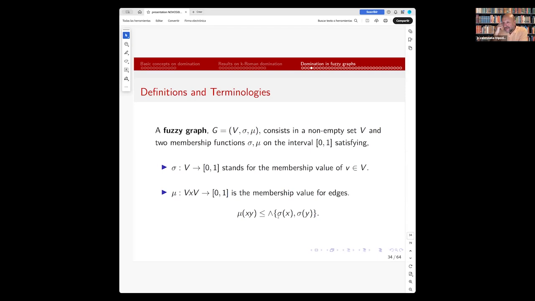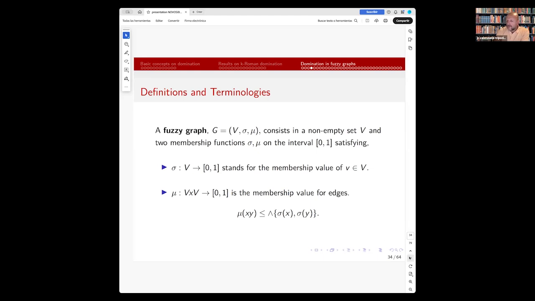In some sense we must understand that it's logical, because it has no sense that an edge exists in the graph if the end vertices do not. So if we think of the membership value of the edge as the probability that this edge is present in the graph, it's logical that this value must be less than or equal to the membership of the end vertices.